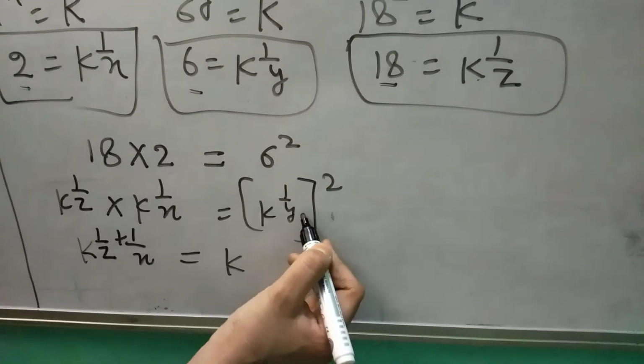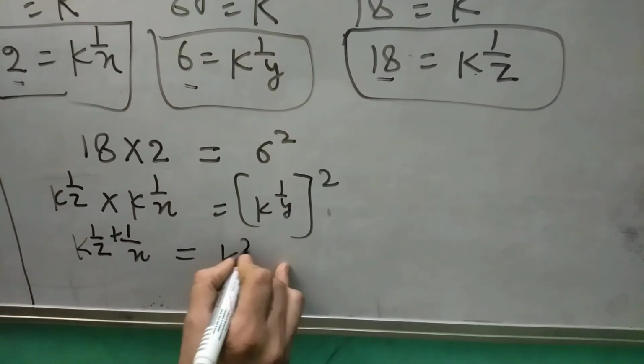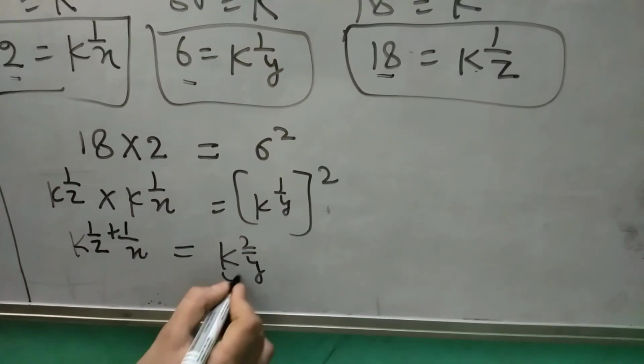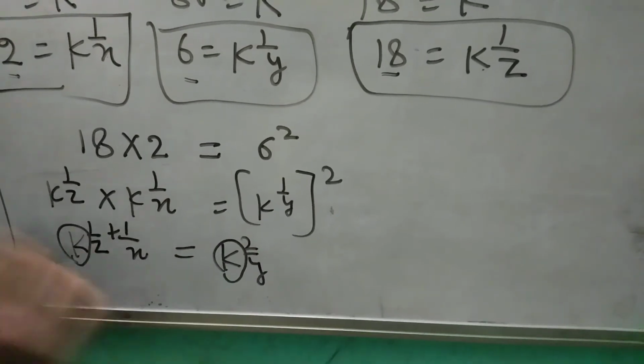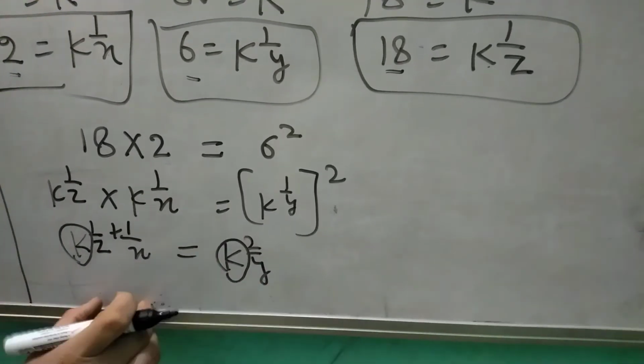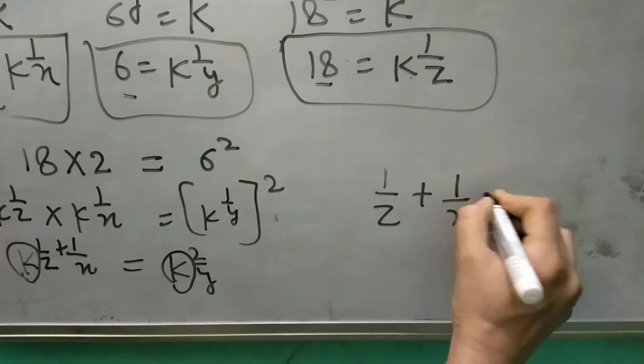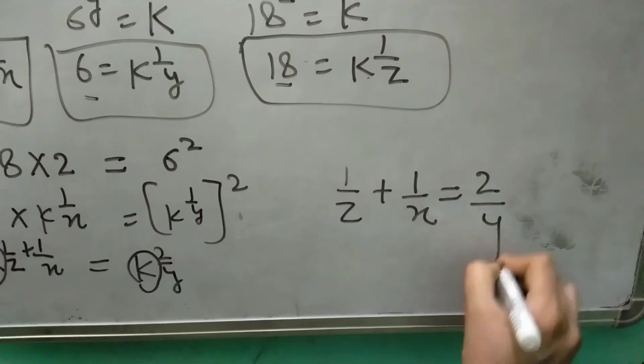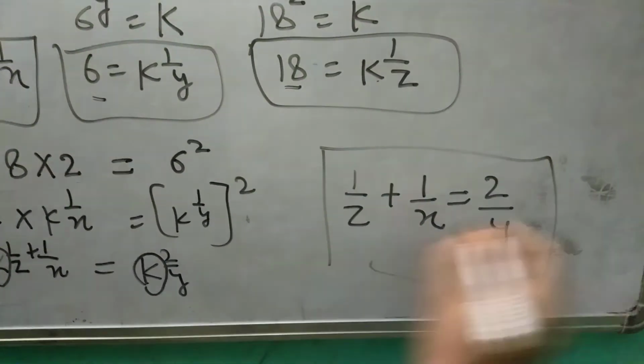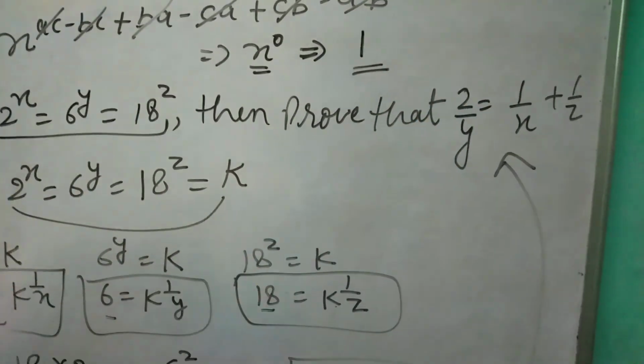This 2 will be multiplied with 1 upon y, that is 2 upon y. Now k and k base is the same, so the powers should also be the same. So 1 upon z plus 1 upon x is equal to 2 upon y. Hence proved.